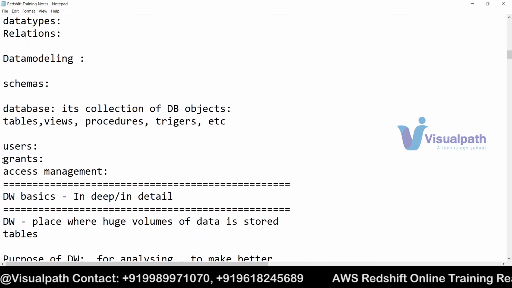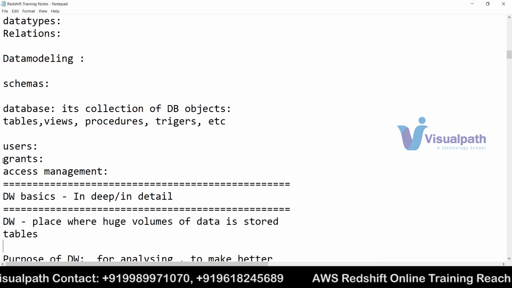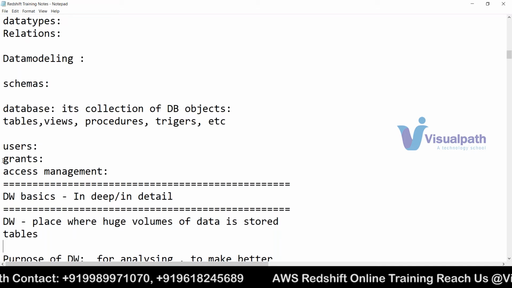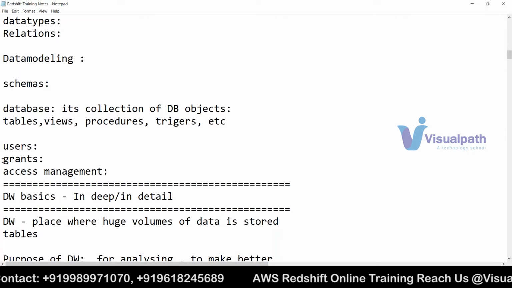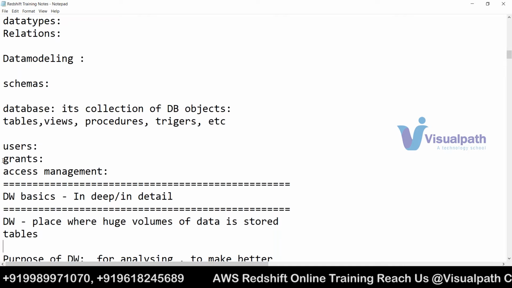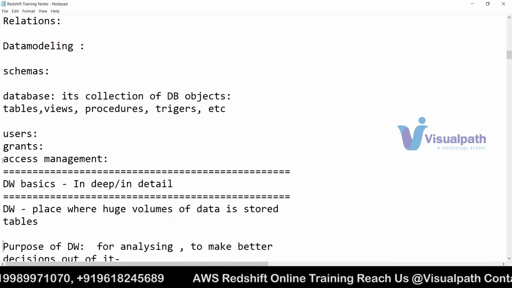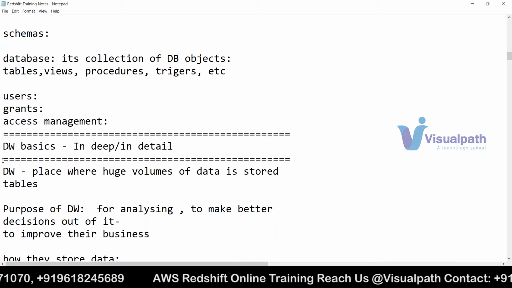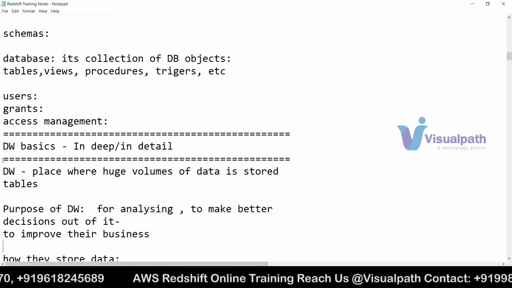And of course, data modeling, the way we decide what the primary key and foreign key are, and how the relationship between them works. All those things are decided as part of the database design. Users, creating users, granting access, and all that stuff will also be there.